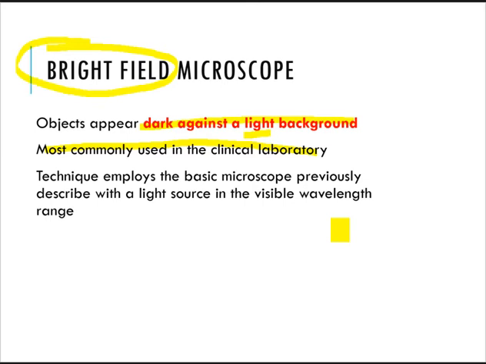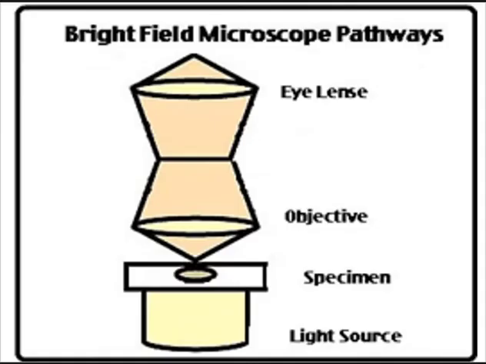The technique employs the basic microscope previously described with the light source in the visible wavelength range. So we have your bright field microscope pathways. We have your eyepiece, and then we have your objective, which focuses on your specimen, and then we have your light source coming from the bottom.